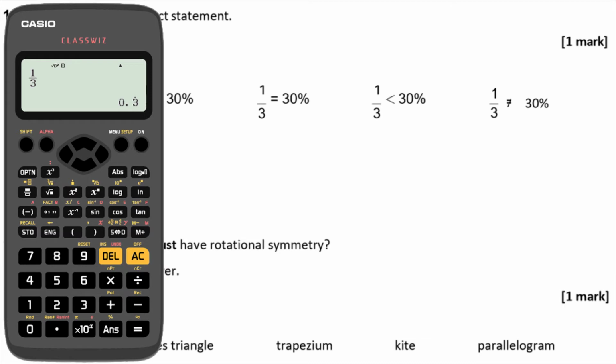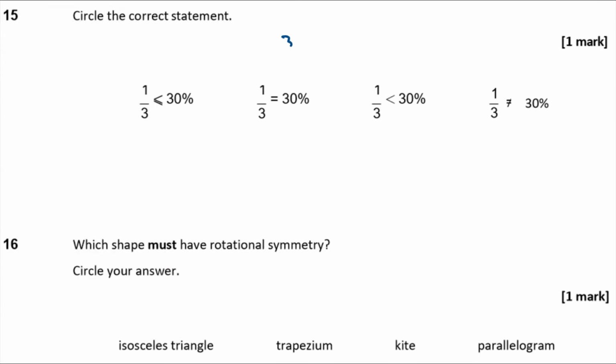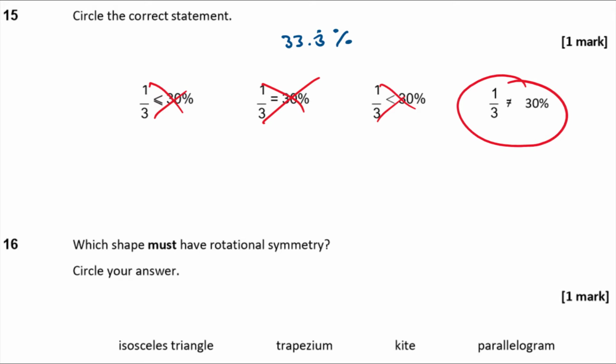So as a percentage, that's going to be 33.3 reoccurring percent. Okay? So clearly it's not equal. Is 33.3% less than or less than or equal to 30? No, it's bigger, isn't it? So it's not that one, and it can't be that one either. So the only thing it can be is that one there. 1/3 is not equal to 30%.